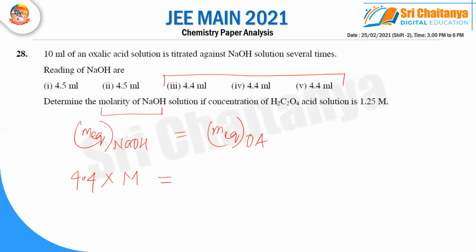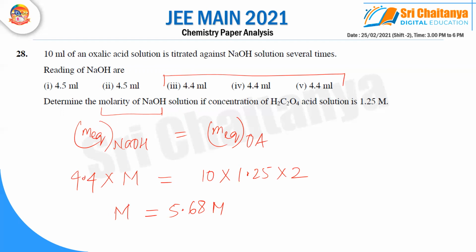Milli equivalence of oxalic acid: 10 ml is the volume. Molarity is 1.25, but then this is dibasic, so you need to multiply by 2. And when you solve this one, I think you are going to arrive at something like 5.68 molar. So you're going to take the nearest integer or decimal as per the instruction.